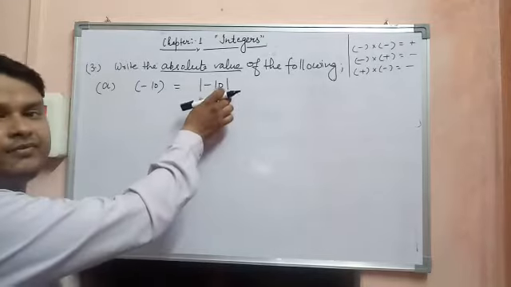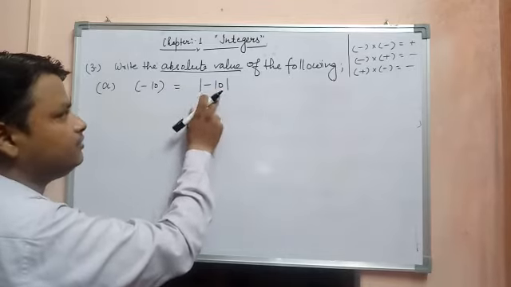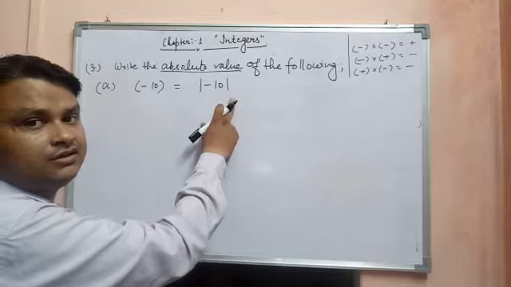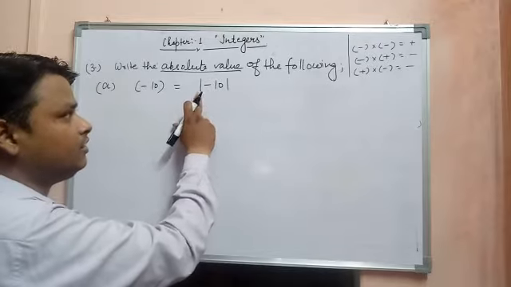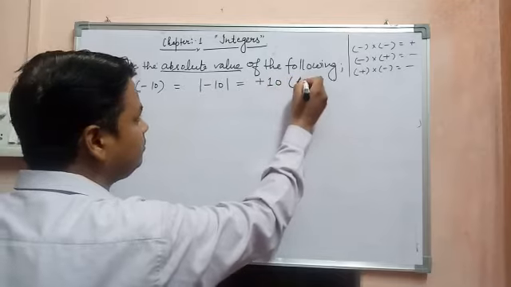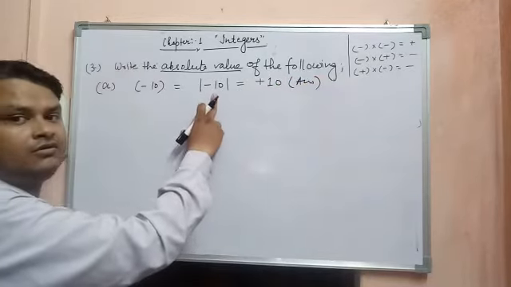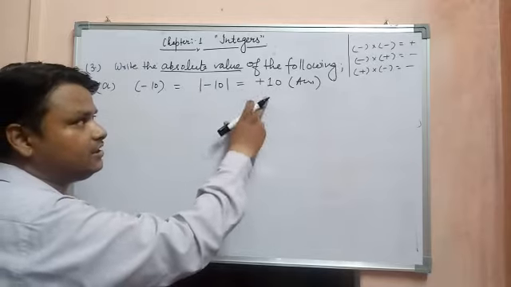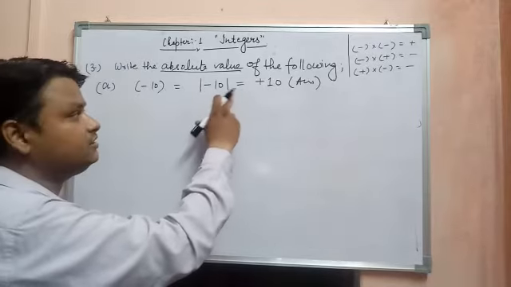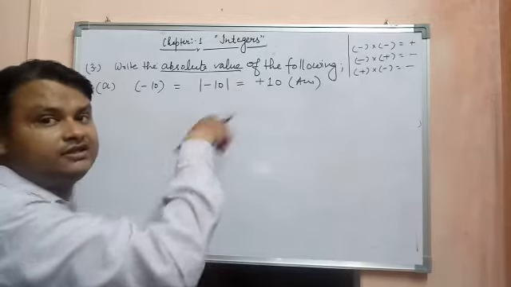This is the symbol of absolute value, and you will get the answer +10, because this is the distance of the number from 0 irrespective of direction.